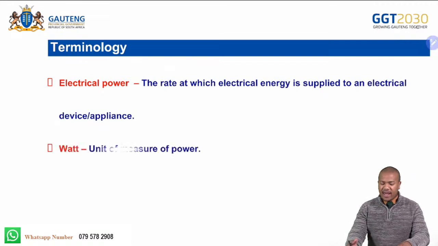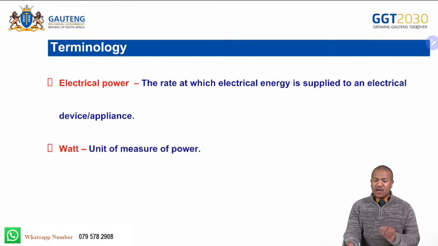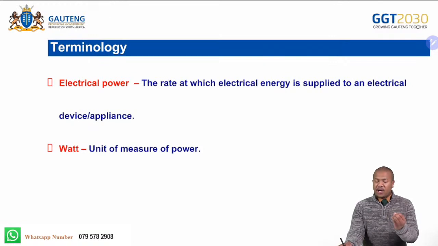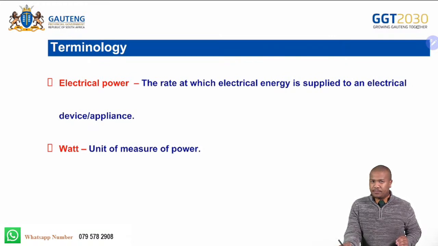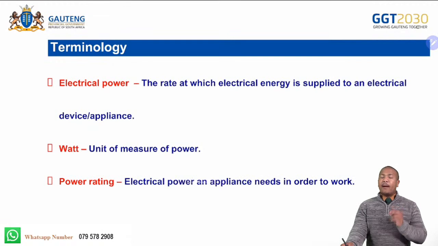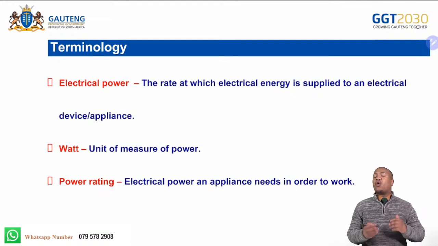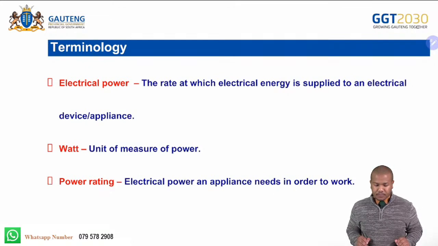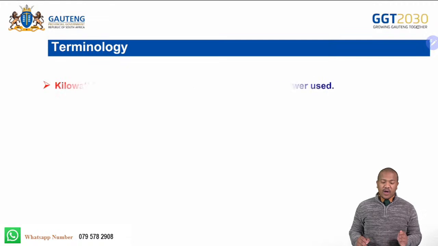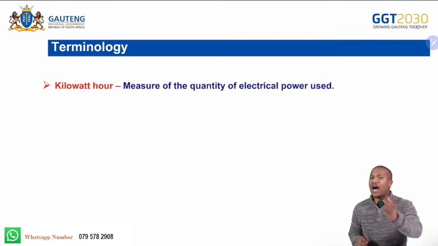Then secondly, we have watt. And watt is the unit of measurement of power. We also have power rating. And power rating is electrical power an appliance needs in order to work. We also have what? We also have kilowatt hour.